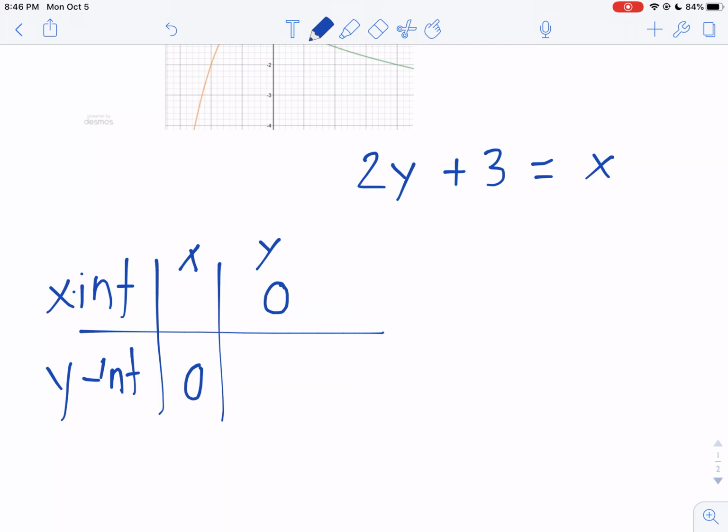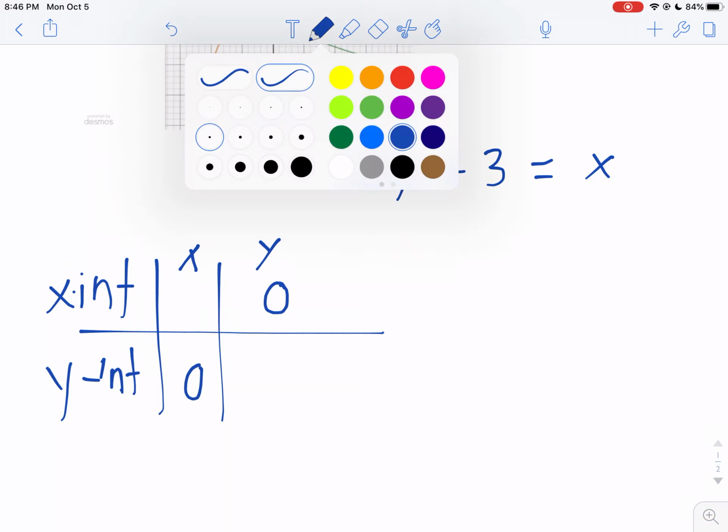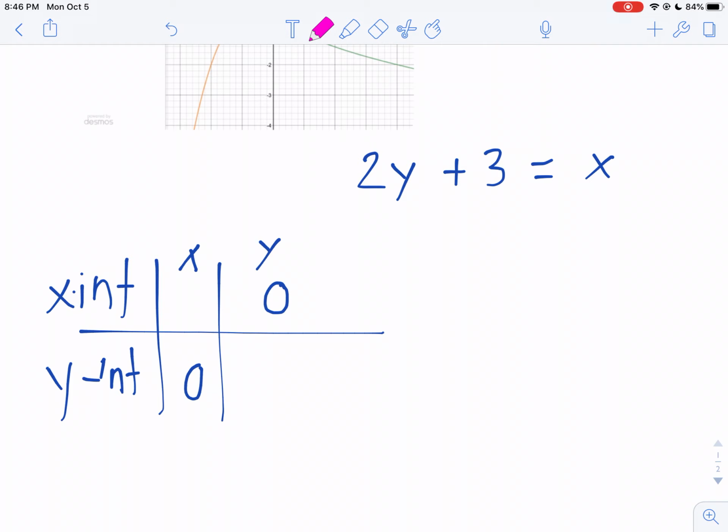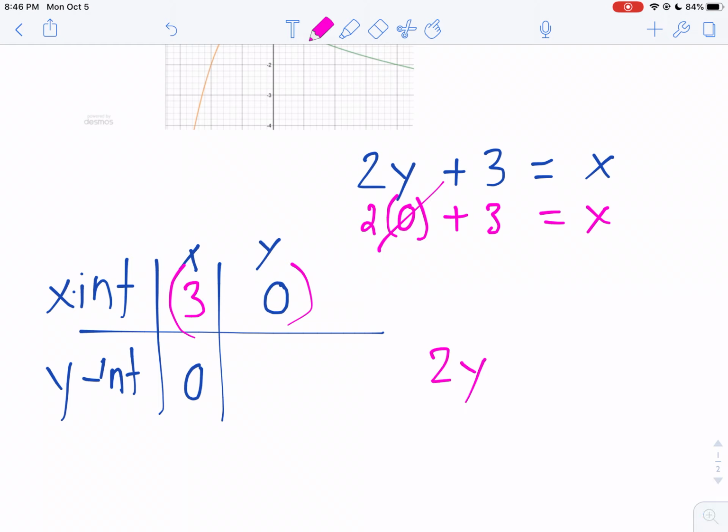Now what you do is you go to your equation, the one which is given to you, and you let y equal 0, and you solve for x to get the x-intercept, okay? So you see that this is the point 3, 0. That's your x-intercept. You go back to the same equation, and now you let your x be equal to 0, and you solve for y, and that's going to give you the y-intercept, okay?